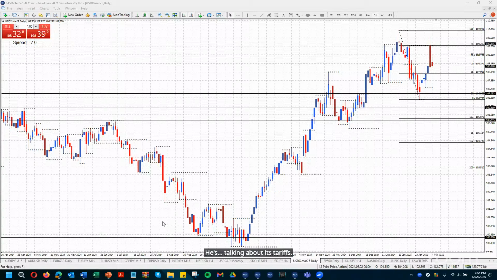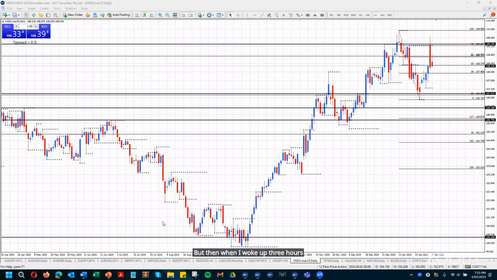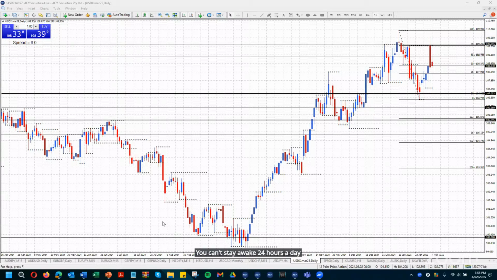On my Friday night, Saturday morning, I woke up in the middle of the night, looked at the charts on my phone just to see what was going on. And I thought, oh, things are looking quite nice. But then when I woke up 3 hours later, he'd spoken about tariffs and price has gone down. So it is difficult when you're asleep. Can't stay awake 24 hours a day waiting to see what Trump says.